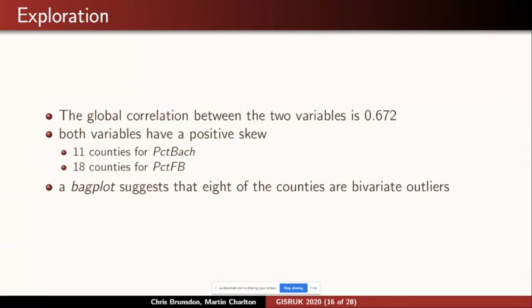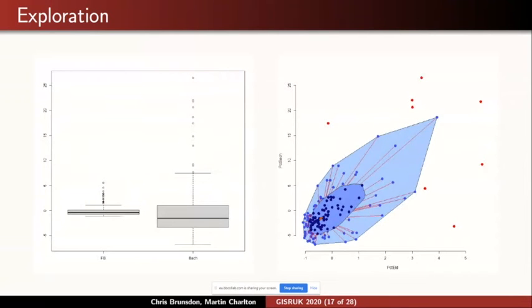There are 80 counties for the bachelor's education, the education attainment, and 18 for the foreign born at the positive end. So there are some influential locations, and a bag plot would suggest that 8 of the counties are bivariate outliers. On the left, we've got box plots for the educational attainment and foreign-born variables, and you can see there is a bunch of outliers at the right-hand end.